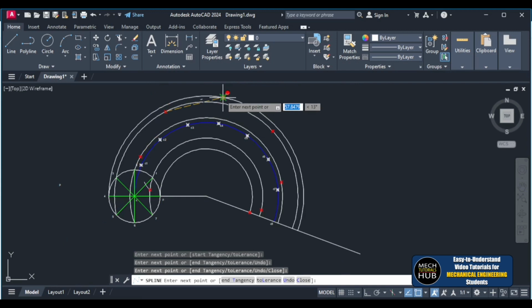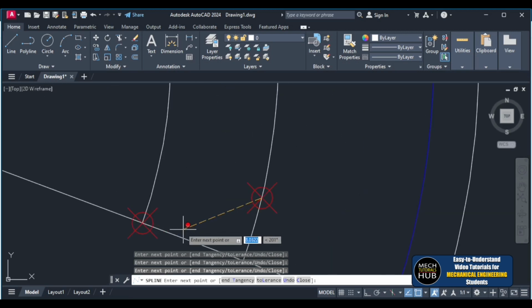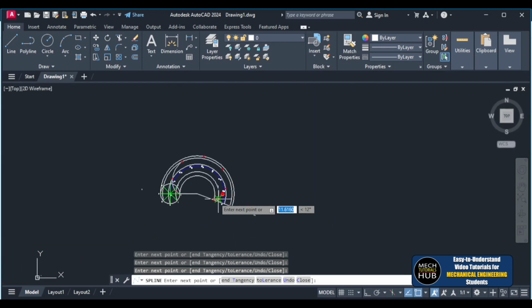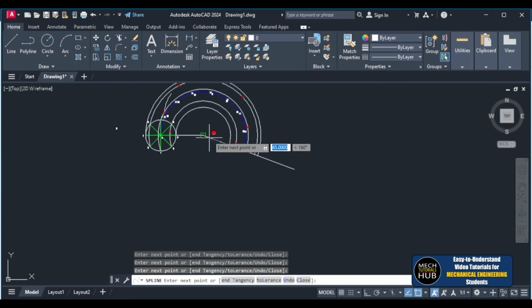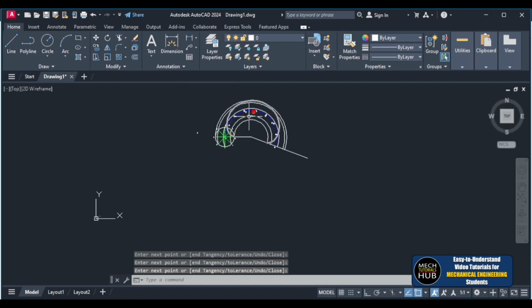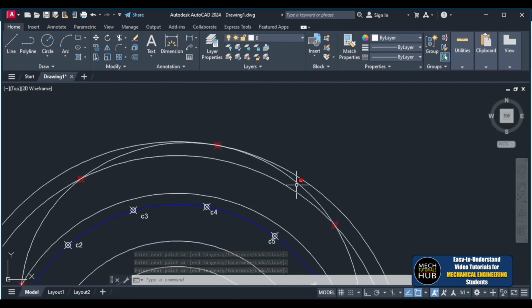This is the fourth point, fifth point, 7, 8, and 9. This is how the curve is going to be. Have a look. This is the ultimate requirement.